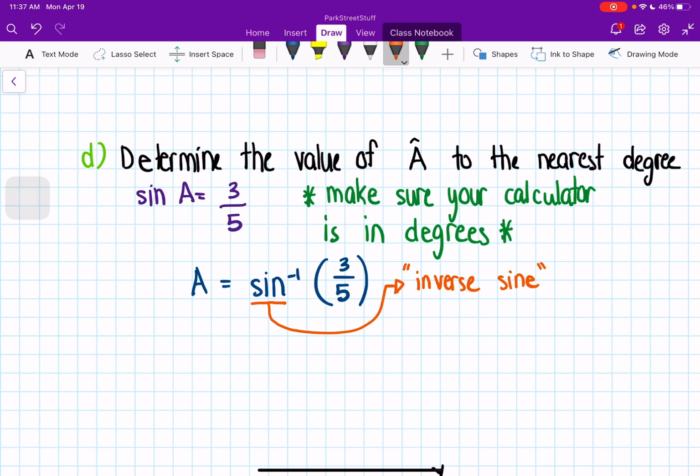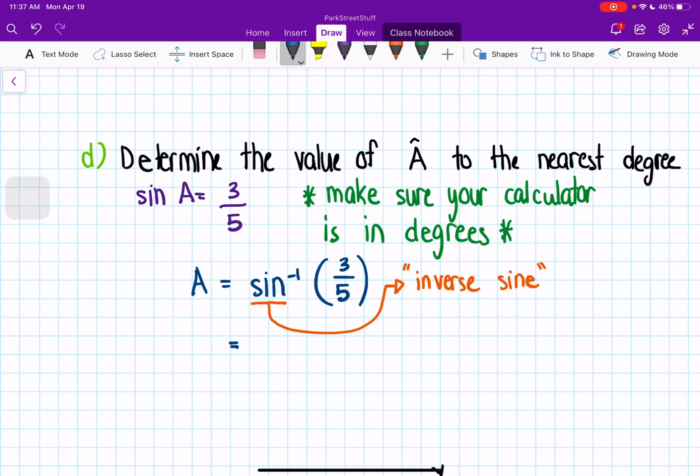But it's not an exponent, okay? So you're going to go inverse sine of 3 over 5. And that's going to give you the value that we want. So that's going to give you your A value. And remember, we want to go to the nearest degree.